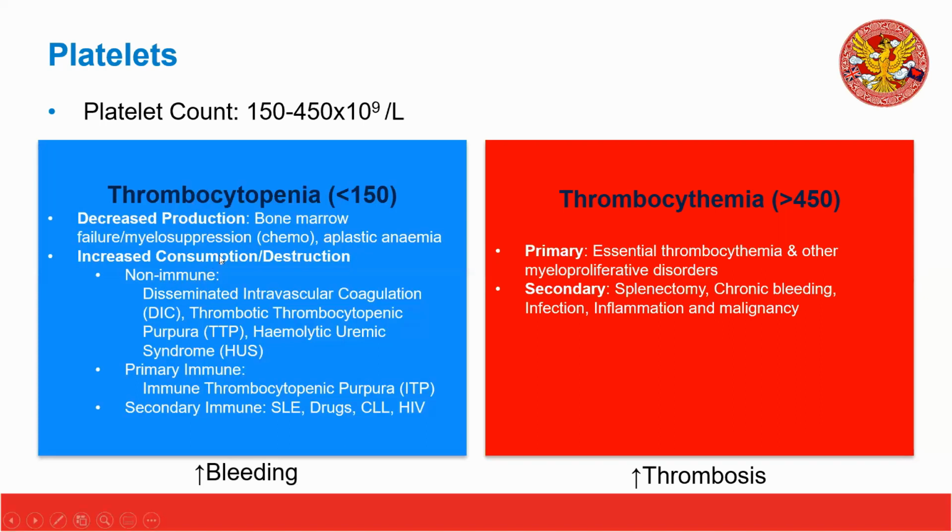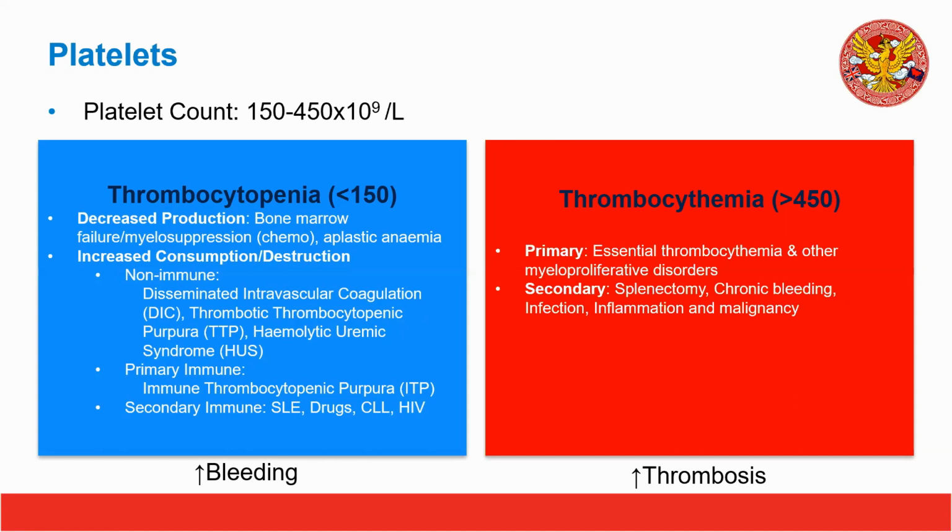A splenectomy, what happens when you remove the spleen, you are essentially removing the ability to remove and destroy platelets. So the spleen is where the platelets sort of go to die, and by removing the spleen, you're impairing that process. So you get a buildup of platelets in your blood, and stuff like chronic bleeding, chronic infections, inflammations.